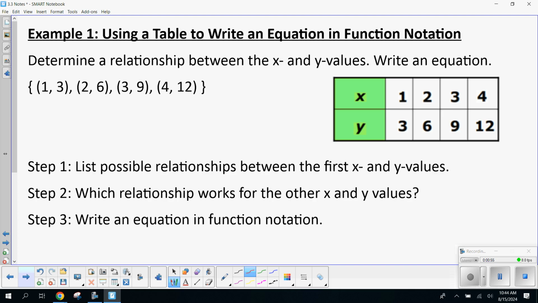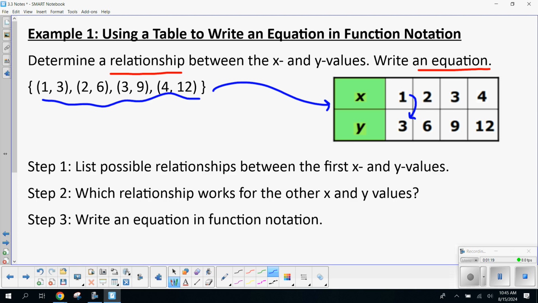So here we're going to use a table to write an equation in function notation. Again, we have to first identify a pattern and then try to write an algebraic equation. So we have a set of ordered pairs that we've written in terms of a table. And so we just figure out how to get from x to y. So we could try a couple different things. We could add 2. We could multiply by 3.